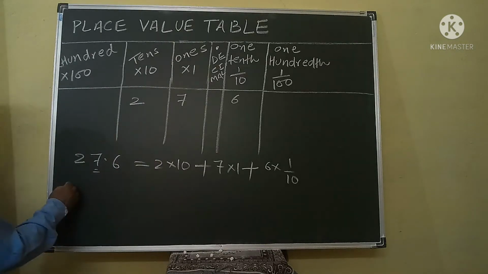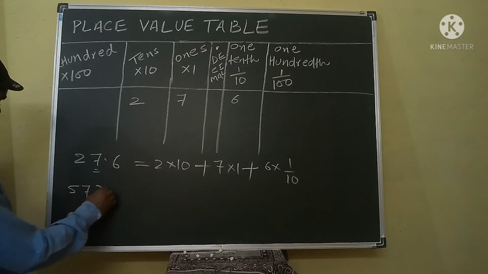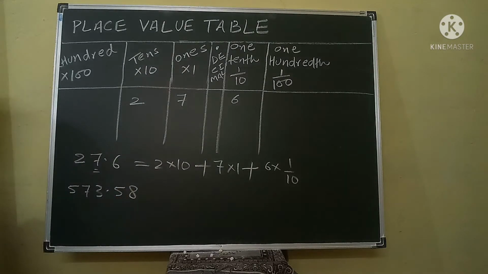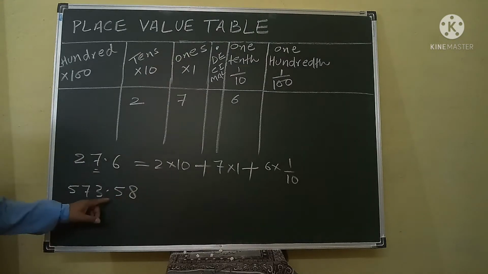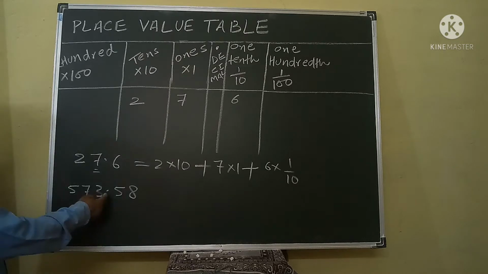Suppose you have one more number, 573.58. How can you write this number in a place value table? As you know very well, there is the left side of the decimal point and the right side of the decimal point.